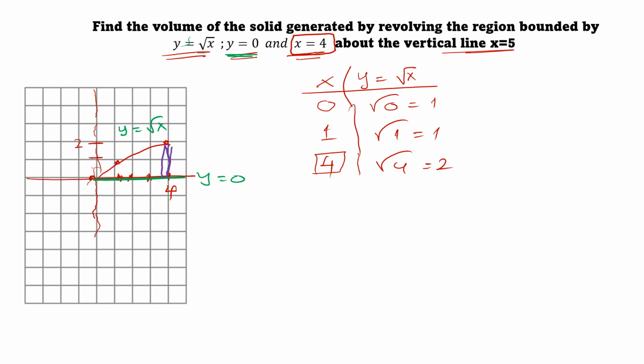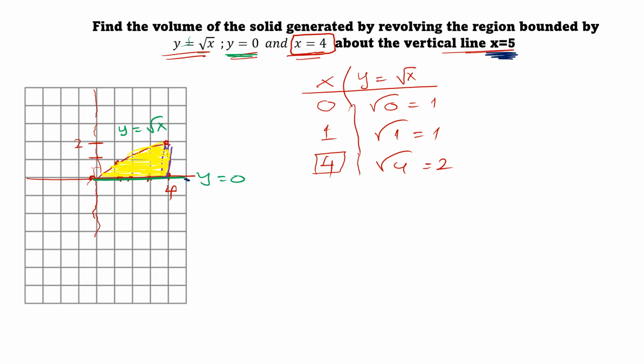Okay. So now I have to read this graph. Now read more. They are saying that this graph is revolving about the vertical line x equals 5.